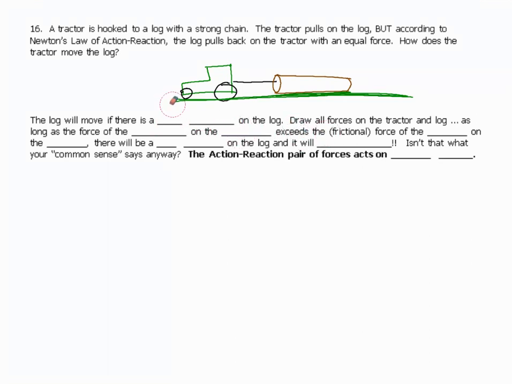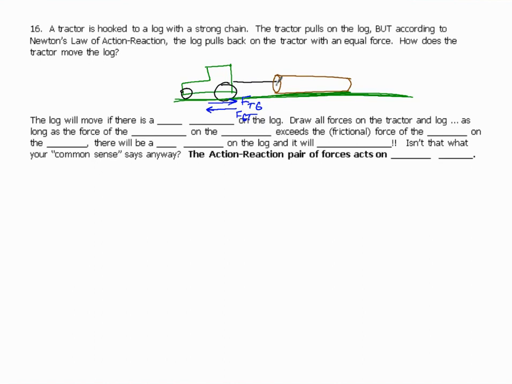Draw the tractor higher. So first off, we have the force of the tractor on the ground. So there's the force of the tractor pushing on the ground. In order for the tractor to move forward, the ground has to exert an equal and opposite force on the tractor.